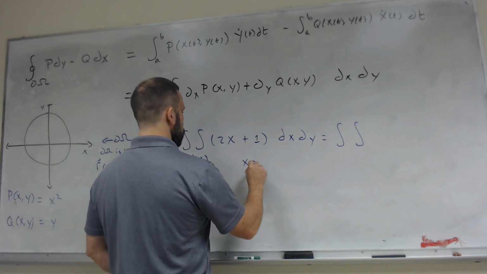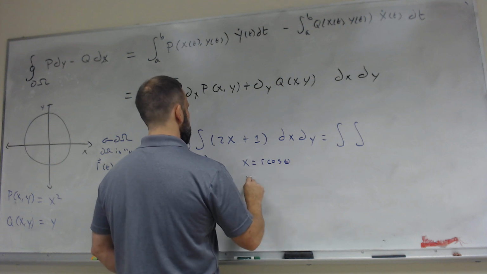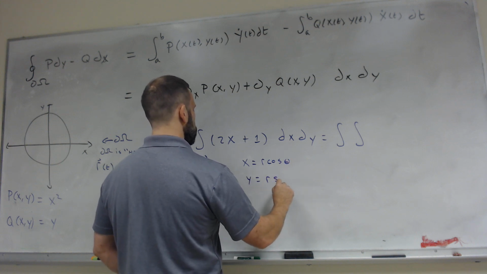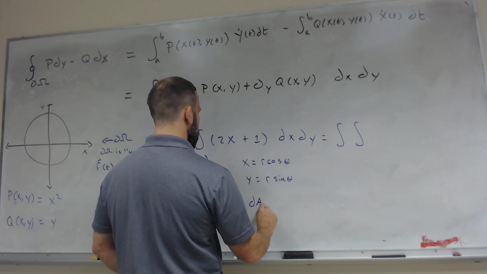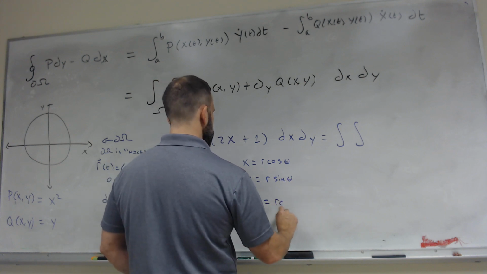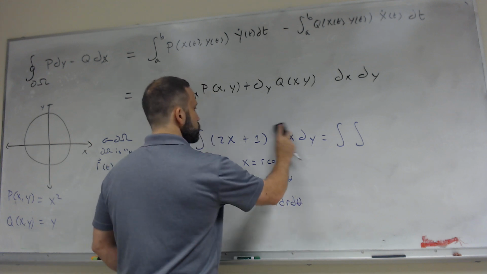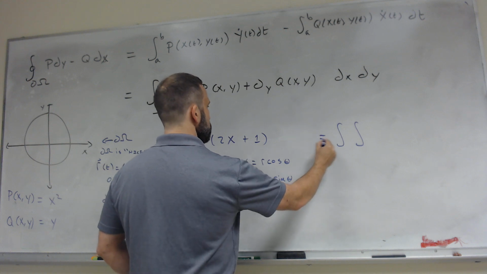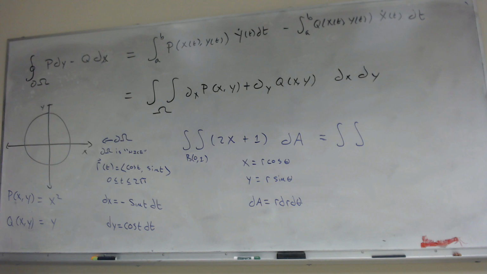So remember, for polar integrals, we have x equals r cosine theta, y equals r sine theta, and then dA or dx dy is equal to r dr d theta. In most people's conventions, even though it's not precise, dx dy and dA kind of mean the same thing.